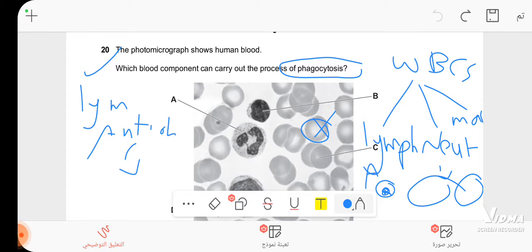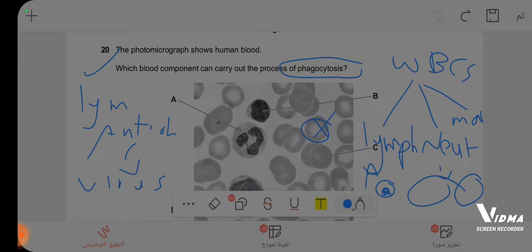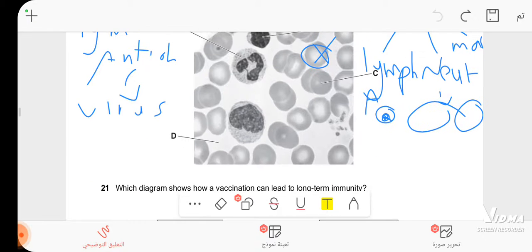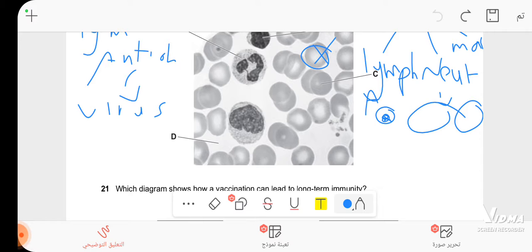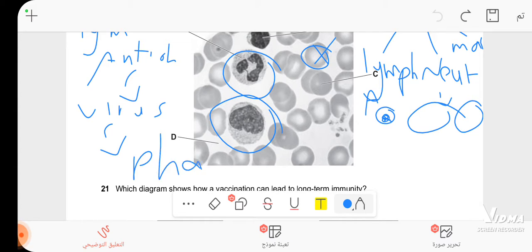Producing antibodies to kill virus or bacteria. And after killing it, it will move to neutrophils and the macrocyte, to make the process of phagocytosis, تبلعها, engulf it.